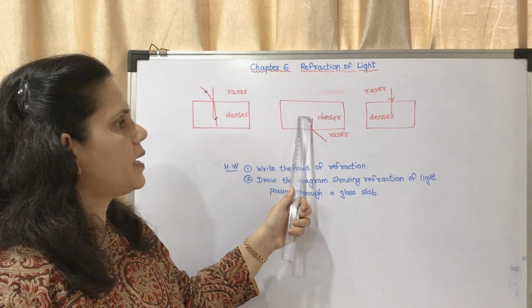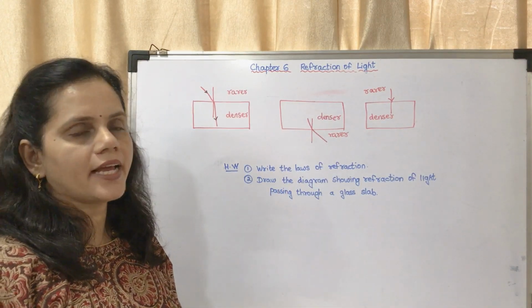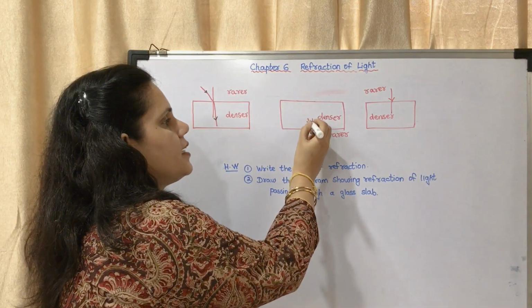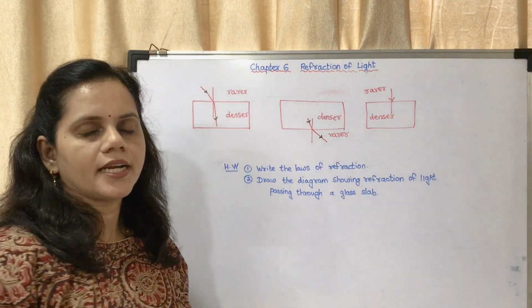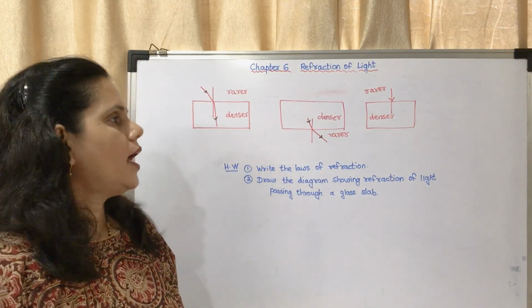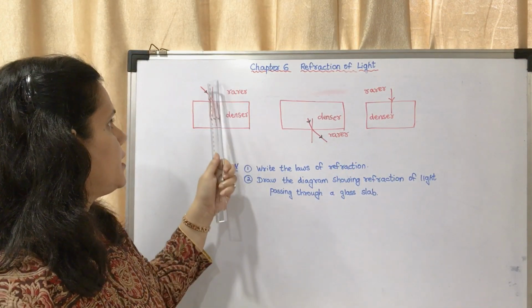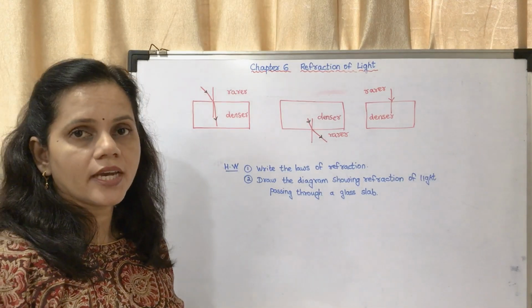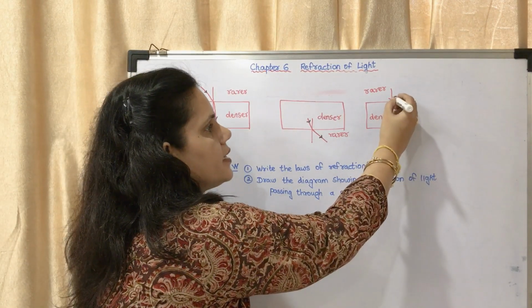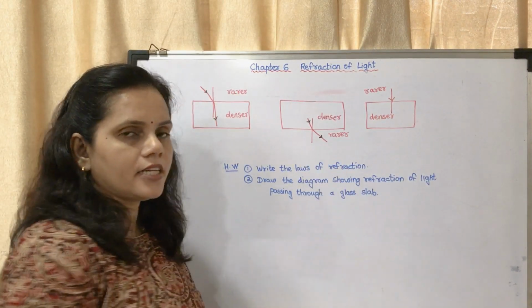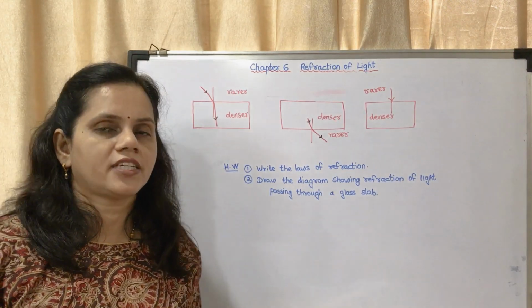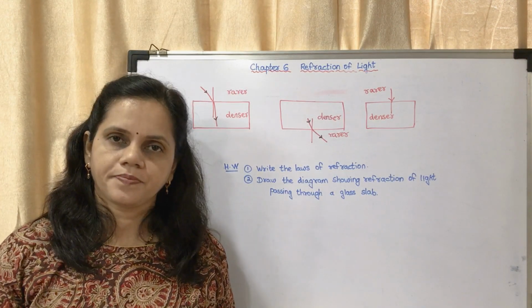When the ray of light passes from a denser medium to a rarer medium, it goes away from the normal. And if the ray is perpendicular to the surface, that means along the normal, that is 90 degrees, then there is no bending, no refraction, it goes straight.